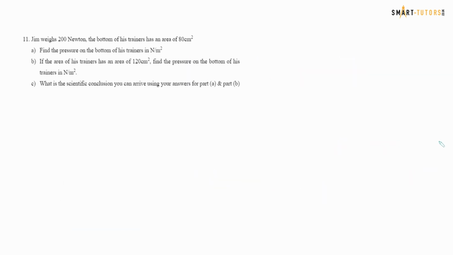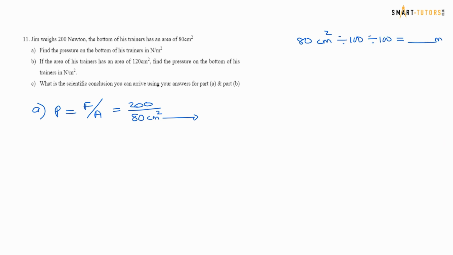Question number 11. Jim weighs 200 Newton, and the bottom of his trainers has an area of 80 centimeters squared. Find the pressure on the bottom of his trainers in Newton per meter squared. So for part A, they're asking for the pressure, which is force over area. Force is 200 and the area is 80 centimeter squared. We need to convert it, so divide by 100 and divide by another 100 to convert it to meter squared.